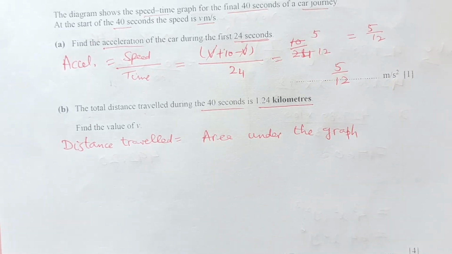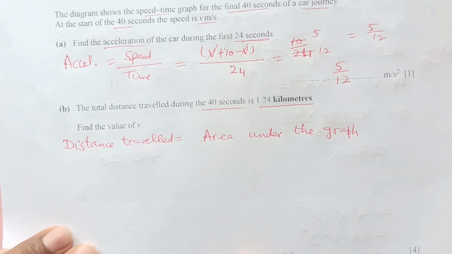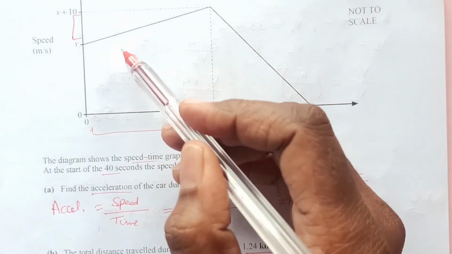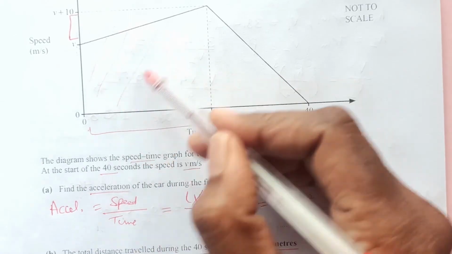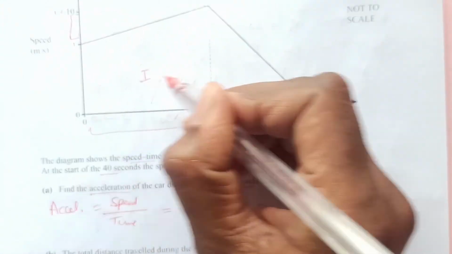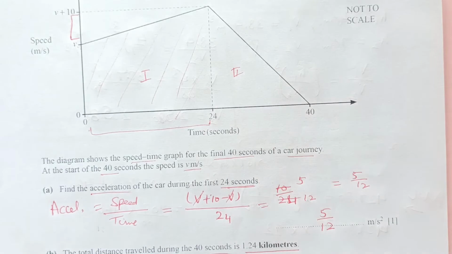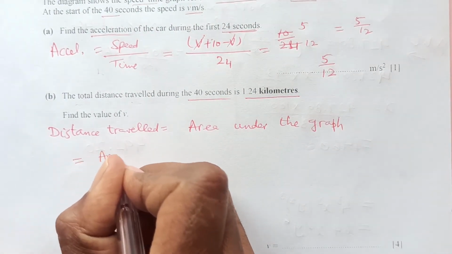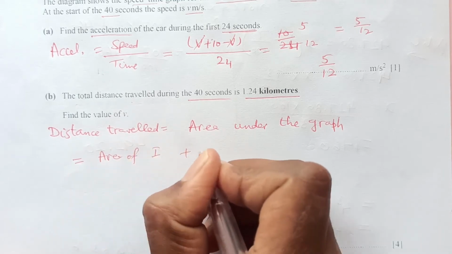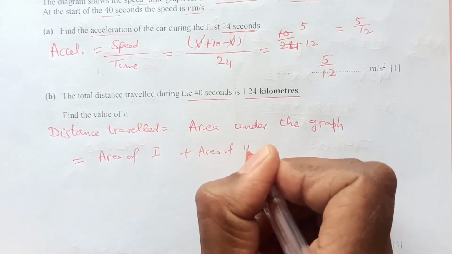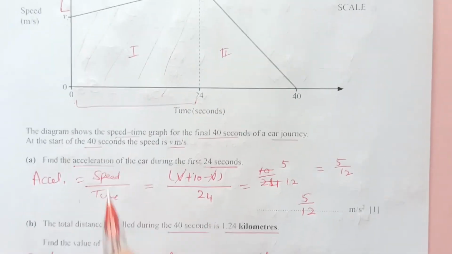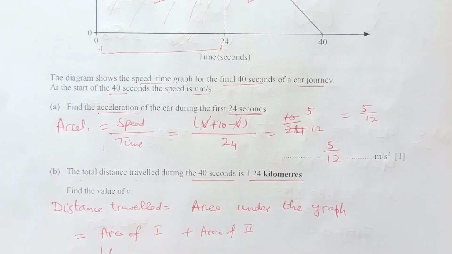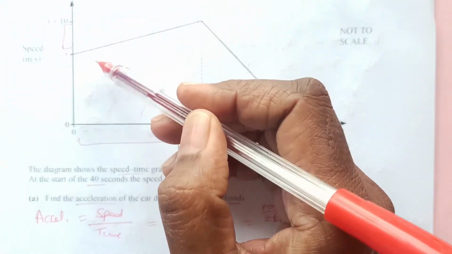So we need to look for the shapes that we are getting under the graph. First this one here is a trapezium, and second we have a triangle, right? So first we take the area of the trapezium, so area of shape 1 plus area of shape 2. The trapezium is half times the sum of parallel sides.